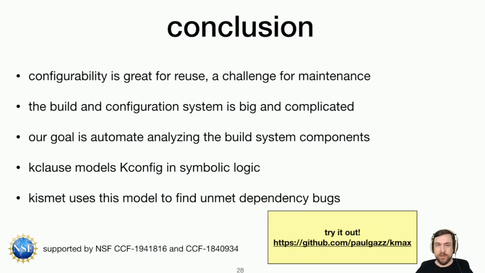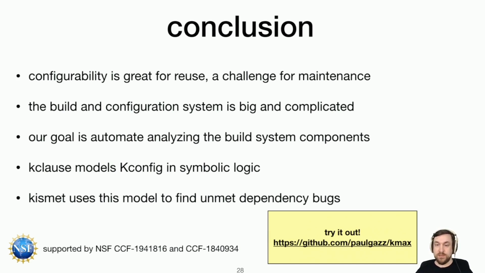And the built-in configuration system that manages this configuration process is complicated. Our goal is to try to automate analyzing these build system components so that we can provide useful automation and tooling for maintainers. We talked about Kclause today, which models Kconfig as symbolic logic.